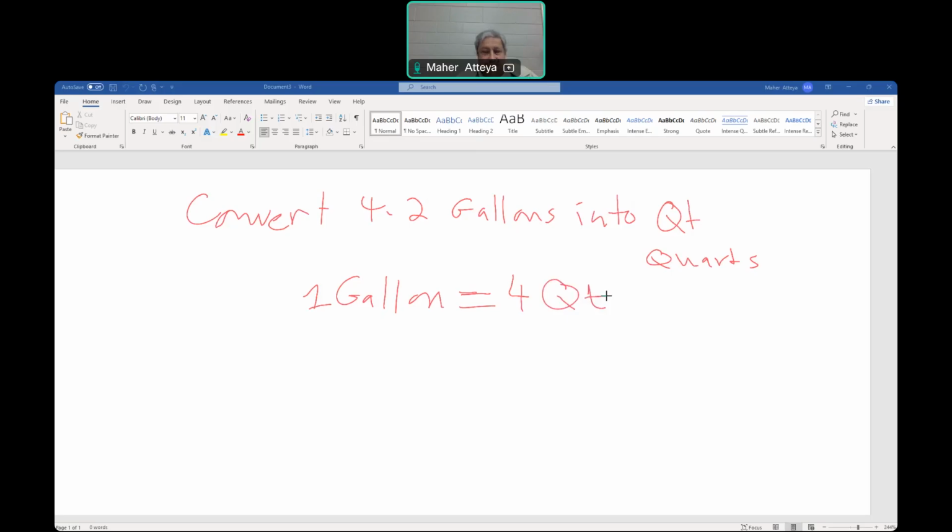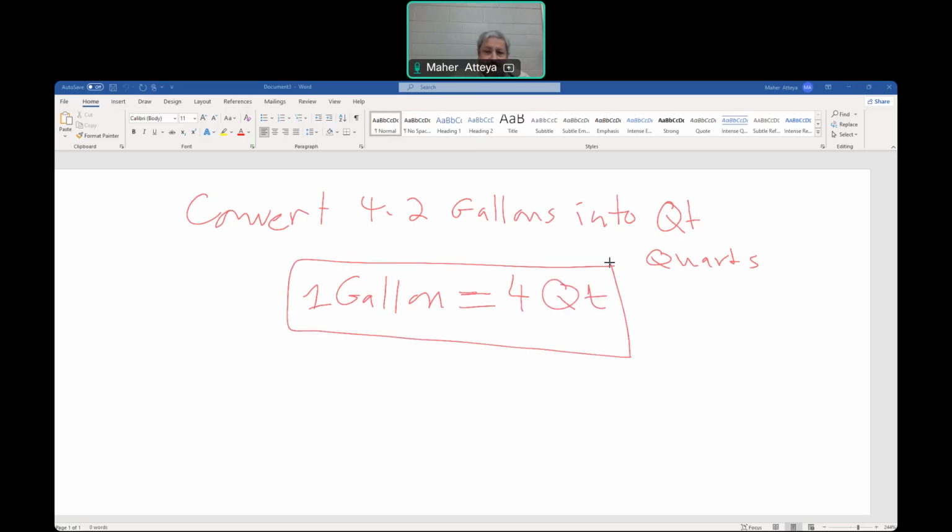As I said, it has nothing to do with the gas station. That's QT quarts. That's another English unit used for volume. So this is very important, and you don't have to memorize it. There will be a table. From this table, you can use it.